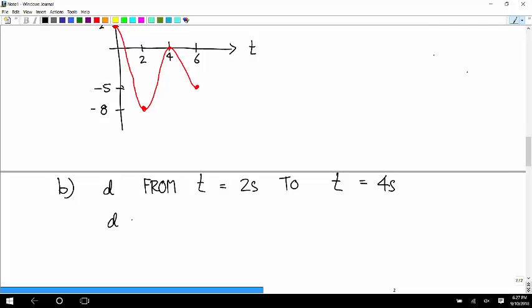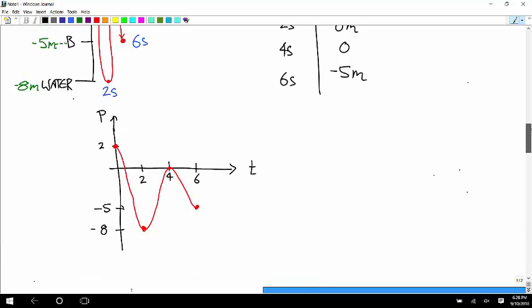So that displacement is just going to be equal to the position at time 4 seconds, the position of the later instant of the two that are relevant, minus the position at the time 2 seconds. And we can just get these off the table.